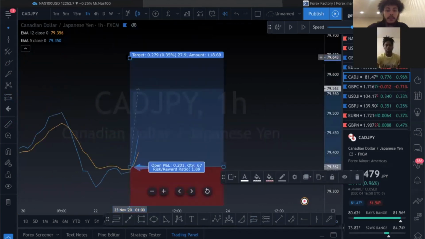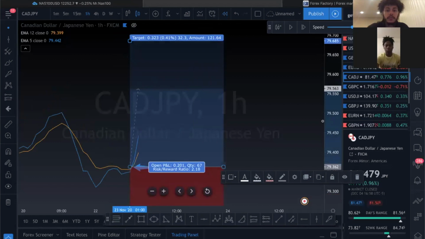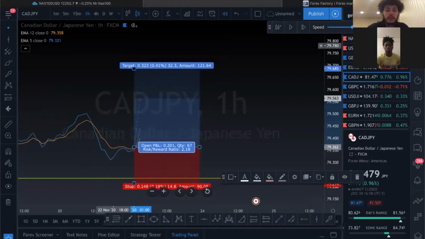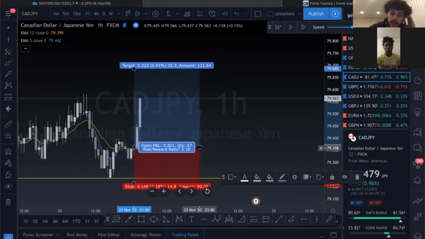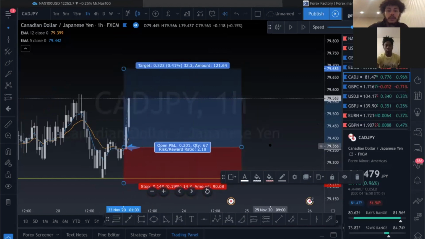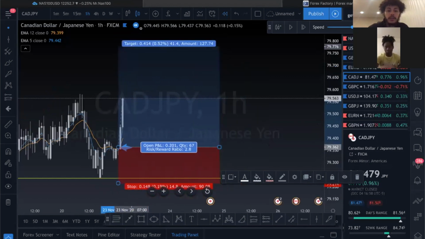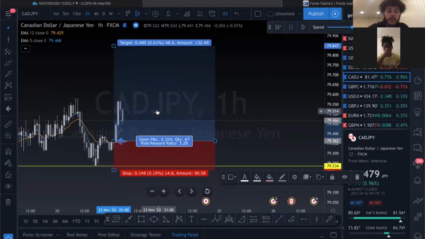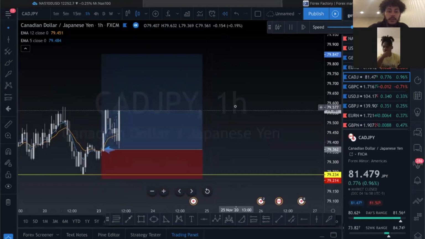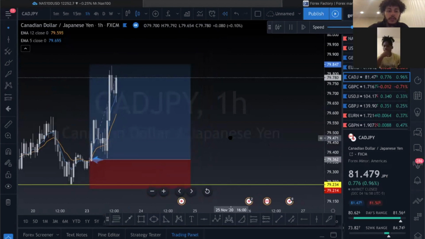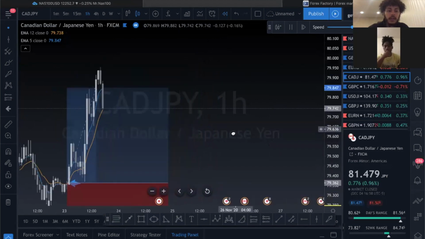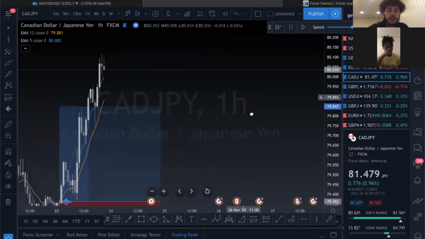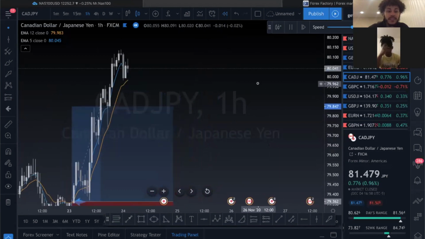Boom. So for this trade, I'm gonna turn the candlesticks back on. This trade right here, straight to profit. You can even go for more. Straight to profit, and it's just going up, flying. Let's see how much higher it's gonna go. It's just still going. Dang.